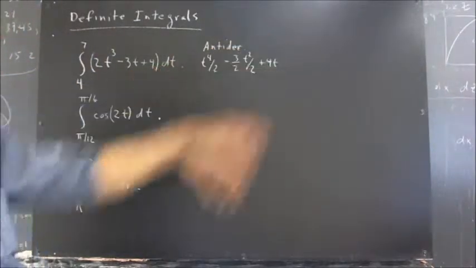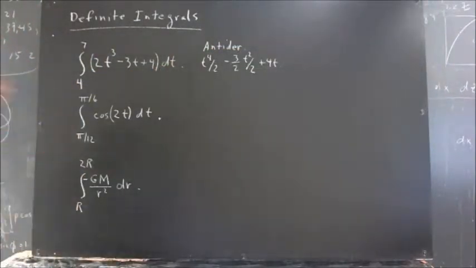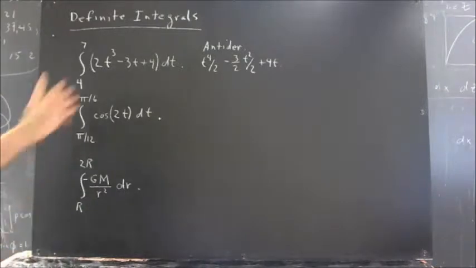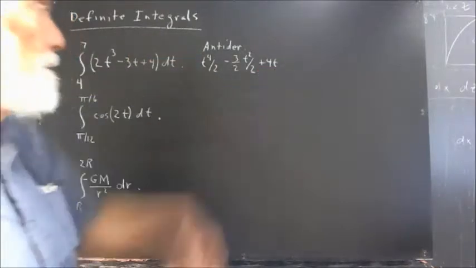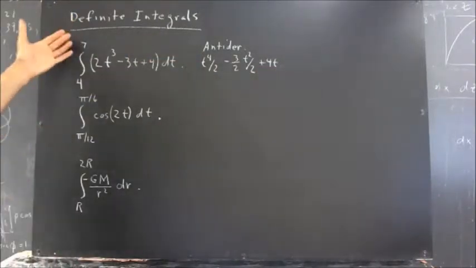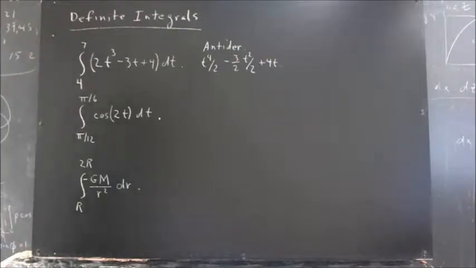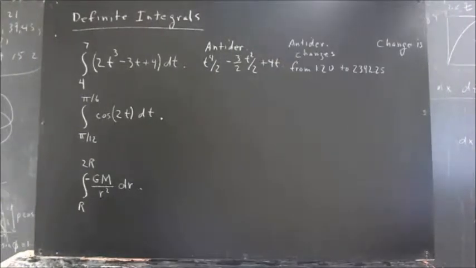We could put a plus c out there, but as you almost certainly know, it's going to subtract off when we subtract the two values of the antiderivative. So what is the initial value of the antiderivative and the final value? That's easy to calculate. I'm going to go off screen and write those down.